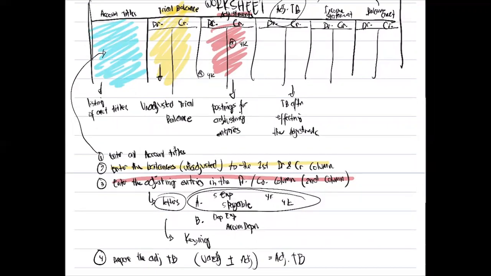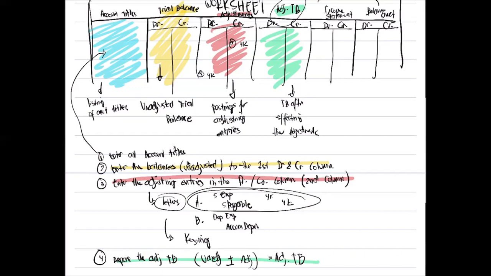So ayan siya guys, adjusted trial balance. So we place our adjusted trial balance by getting the balances after effecting your adjustments to your unadjusted. So unadjusted plus or minus your adjustments, then we have your adjusted trial balance.